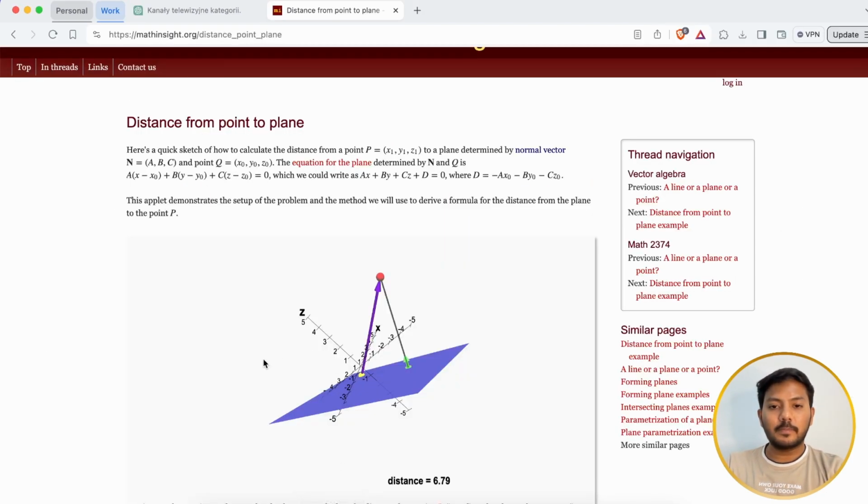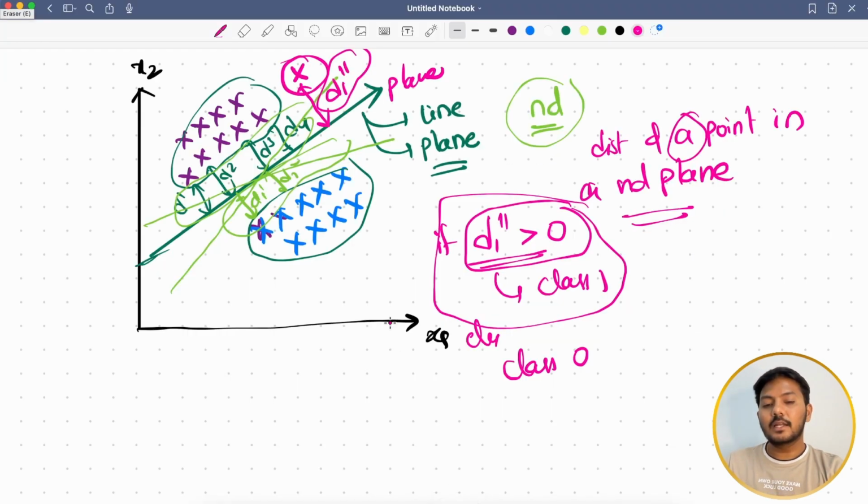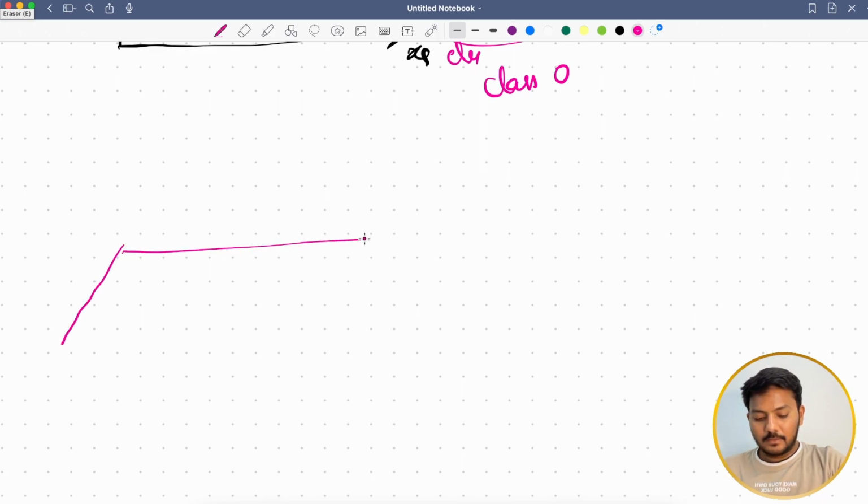If you look at this website here, if you visualize this one, I want to calculate this distance of a point from this plane. Hopefully that is clear. Now let's understand how you can calculate it by yourself. So we will have a plane like this. Let's assume I have a plane like this.